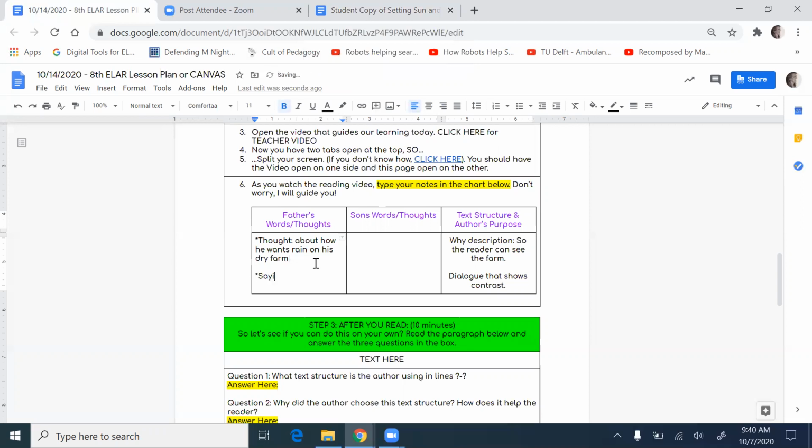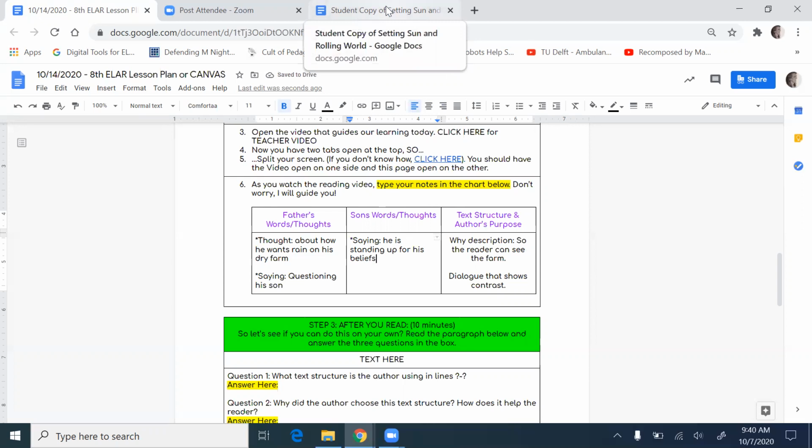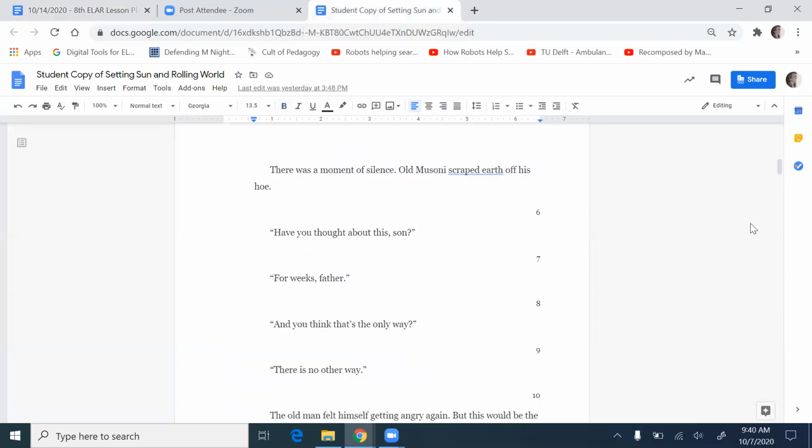Because this time he's saying it and he's questioning his son. And over here, what's the son saying? Because he's saying it, he is standing up for his beliefs. He's saying, no, father, this is what I believe. This is what I think is right. It's what has to happen. So we have this contrast between father and son. Let's keep going.